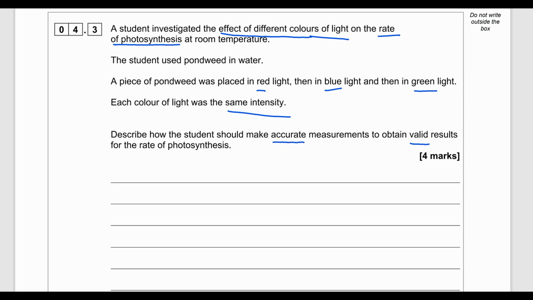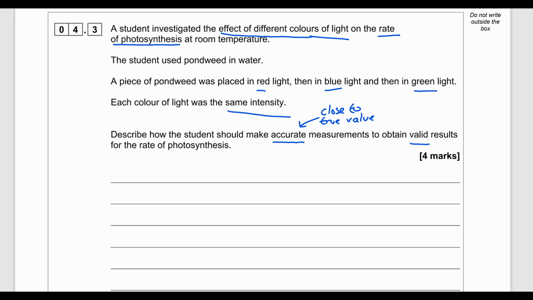4 marks. So a lot of information is given to us here. Let's break it down step by step. First thing that we need to do, ultimately the question is asking us to refer to these terms, accurate and valid. So the definition of accurate means close to the true value.